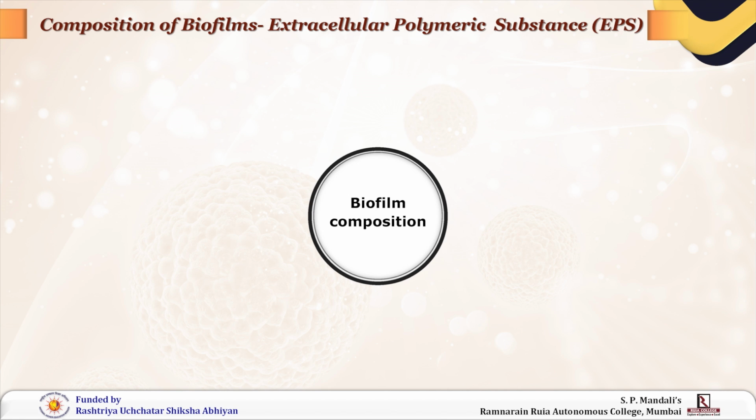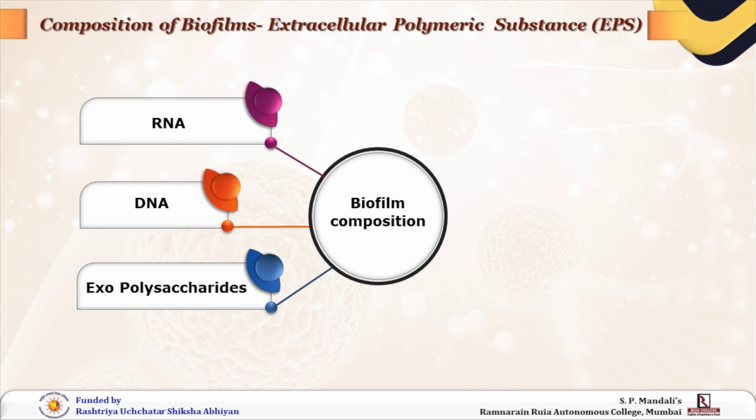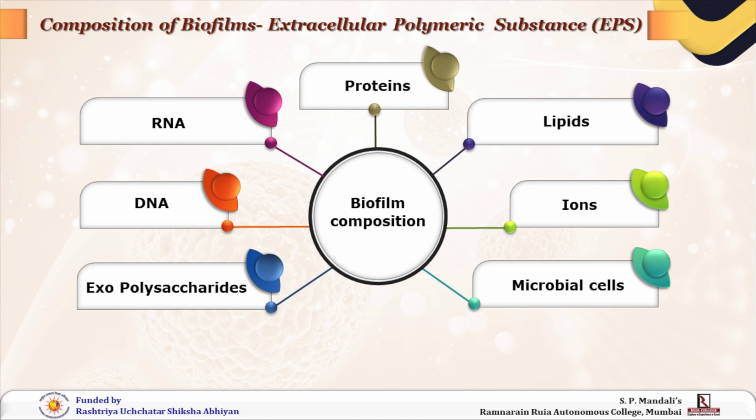This EPS is a highly hydrated gel-like biopolymer that immobilizes the bacteria. In general, the EPS consists of exopolysaccharides, extracellular nucleic acids like extracellular DNA, extracellular RNA. It consists of proteins, lipids and other biomolecules.